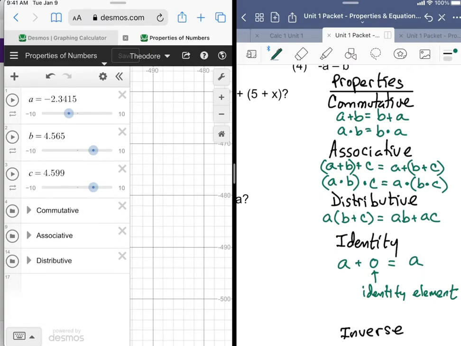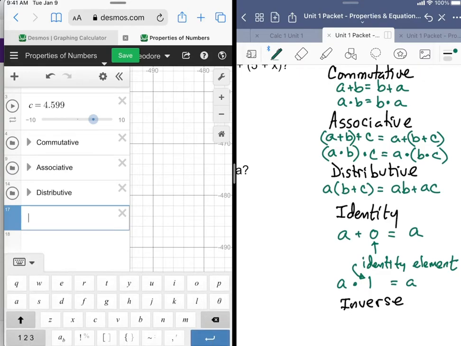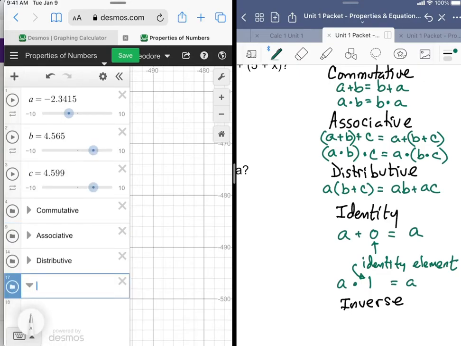For multiplication, that identity element would be 1 because that's the value that preserves the identity of the numerical value that you start with through multiplication. All right, so in my next folder, I'm going to say identity.